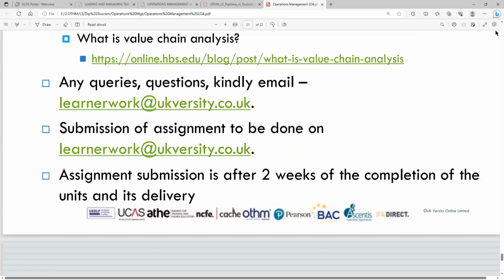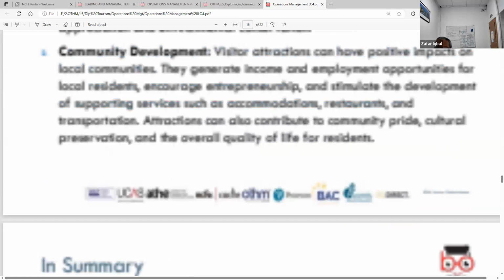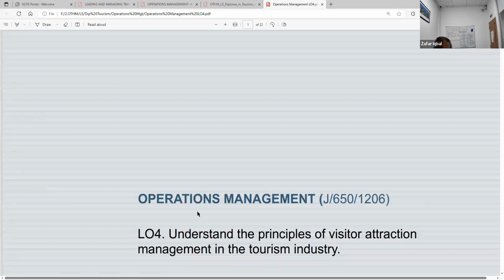So all in all, we've looked at the principles of visitor attraction management in the tourism industry.